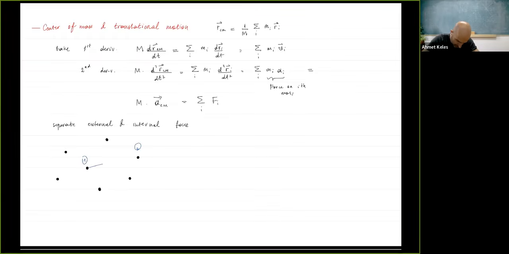There's a force on 1 by 2, and there's of course a pair by Newton's law. There's a force on 2 by 1. So let's separate these forces.